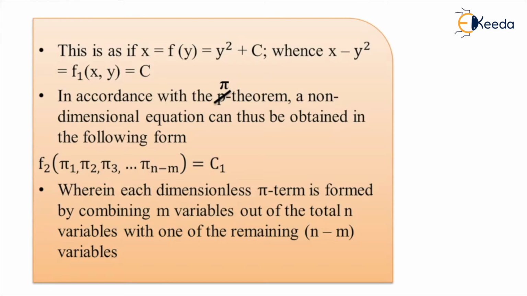In accordance with the pi theorem, that is Buckingham's pi theorem, a non-dimensional equation can thus be obtained in the following form: f2 is a function of pi 1, pi 2, pi 3, ..., pi n minus m, which is equal to c1, wherein each dimensionless pi term is formed by combining m variables out of the total n variables with one of the remaining n minus m variables.